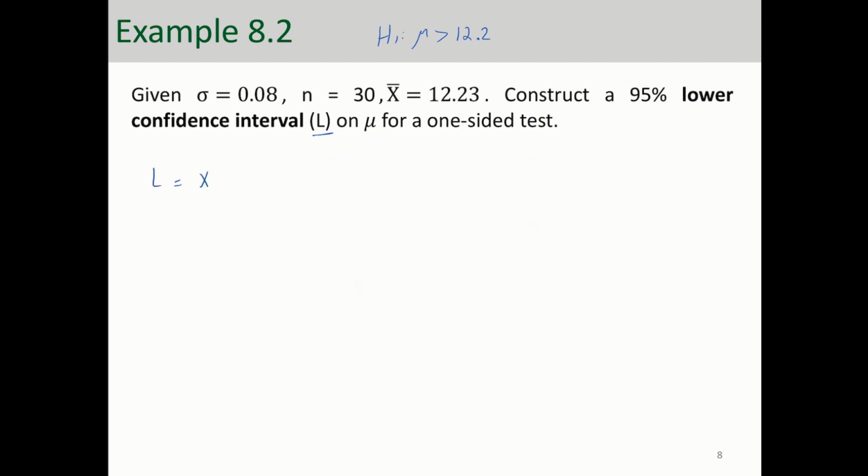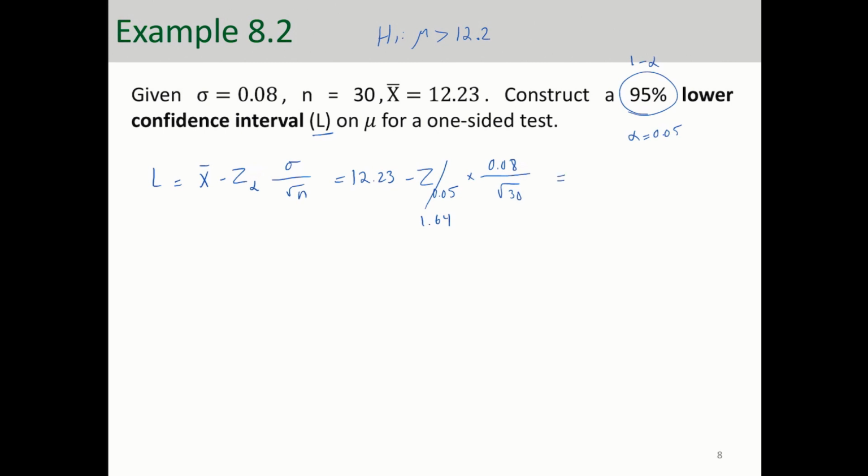L is equal to x bar minus z of alpha times sigma over square root of n. And here it is 12.23 minus z of alpha, because it's a 95%, alpha is 0.05, times 0.08 over square root of 30. And this value, if you read it from the table, is 1.64.